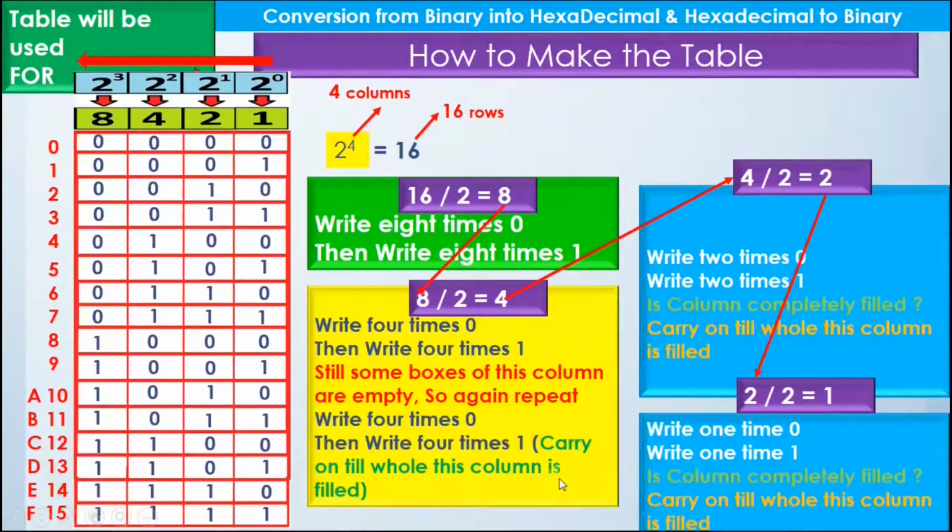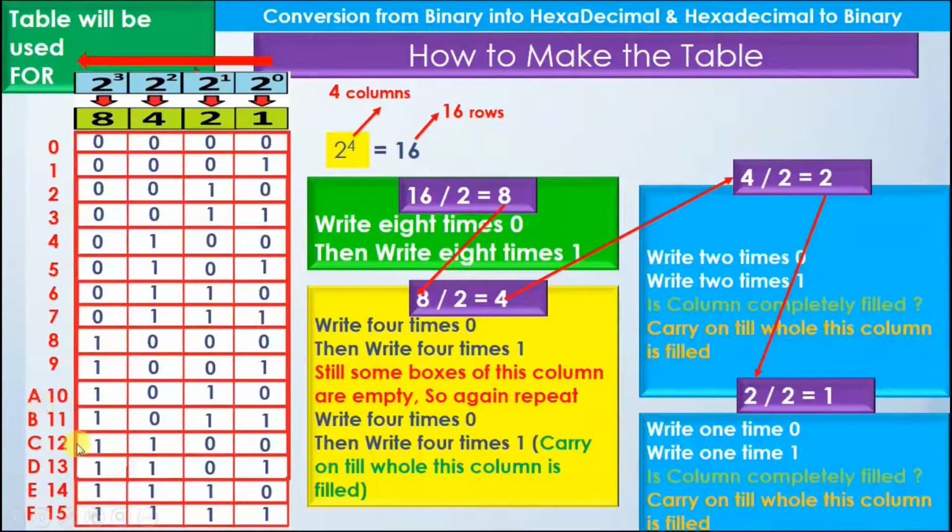So now let's see how the values are calculated using this table. For example, we want to calculate the value of 1010 and we want to see how this value in binary is equal to 10 in hexadecimal, or you can say A in hexadecimal.